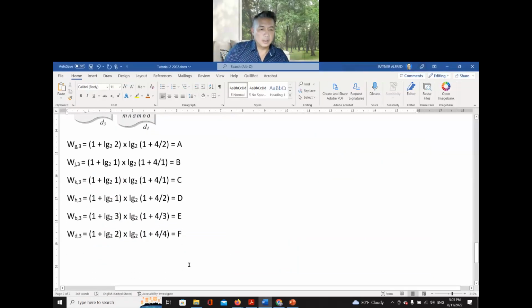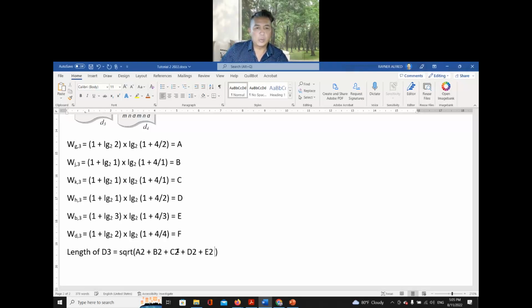So the length of document 3 will be the square root of all the values squared: A squared plus B squared plus C squared plus D squared plus E squared plus F squared. That will be the length of your document 3. Can you compute the length of document 3?